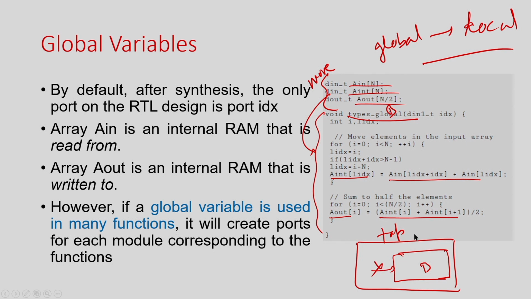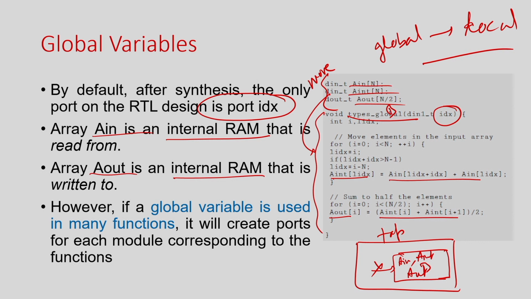For this function, since it has only one port, it will create only one port for IDX, right. So, for this example as I mentioned here, it will get only one port IDX, and it will move A in as an internal RAM, A out also an internal RAM, right. So, in this particular case it will not create anything, because now A in, A int and A out all become RAM inside.